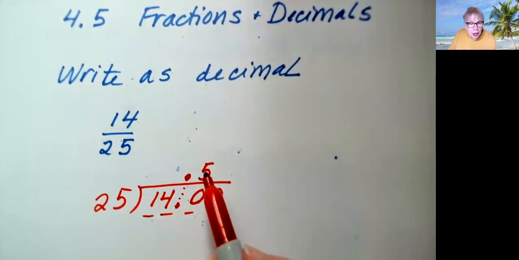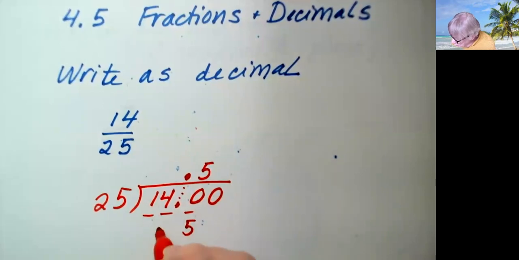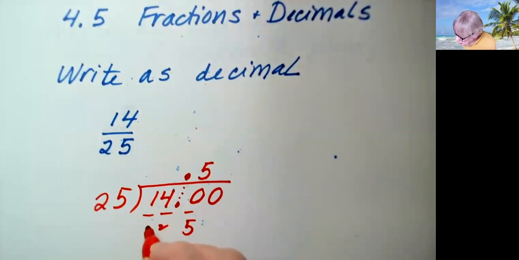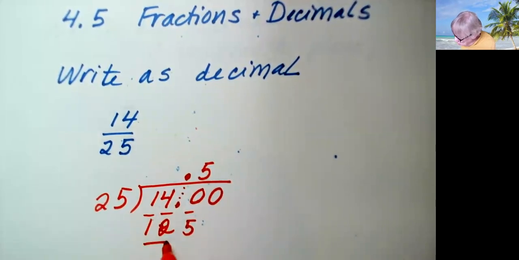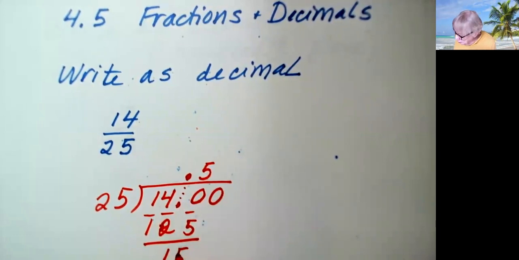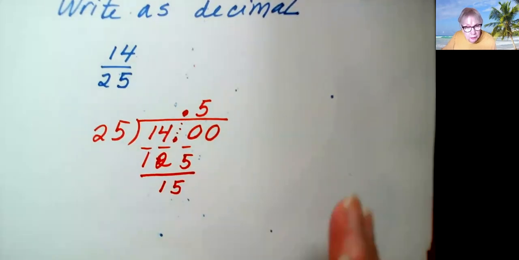So I don't know if that helps, but 5 quarters, 5 times 5 is 25, carry a 2. 5 times 2 is 10, and 2 is 12. When I subtract 125 from 140, the answer is 15. That was correct because that's smaller than 25.